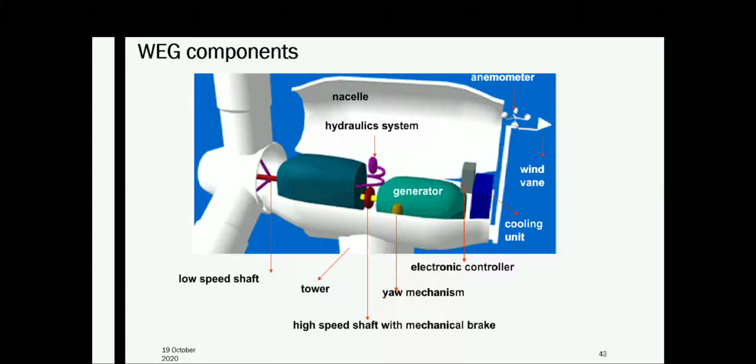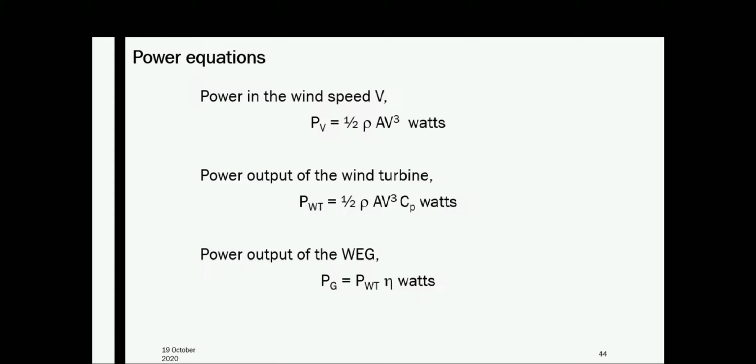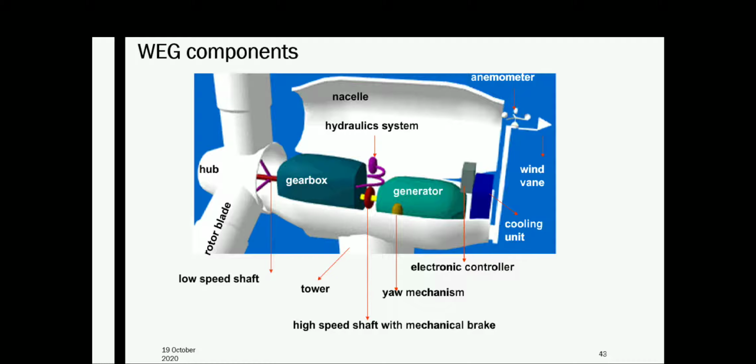Usually induction generators are used in wind energy conversion systems. Then the gearbox, the hub, and the rotor blades. These are the various parts of a wind energy conversion system.